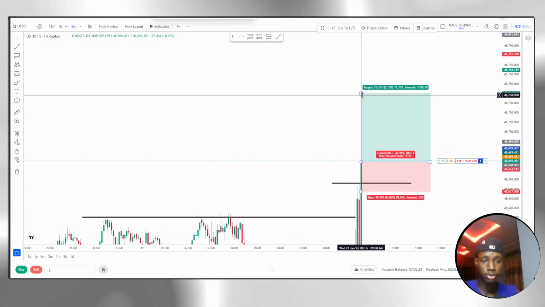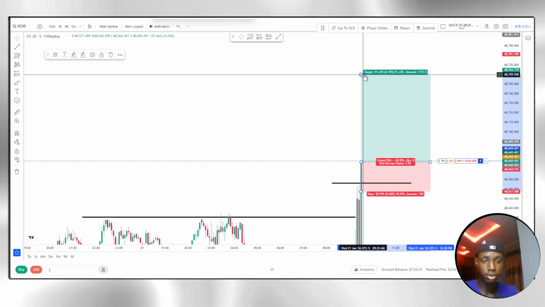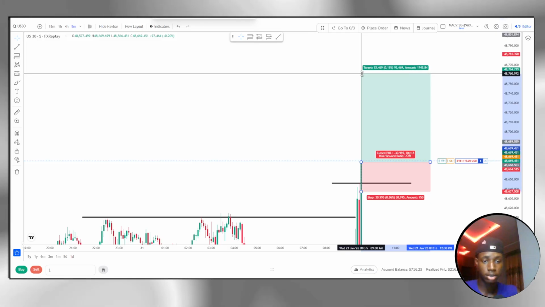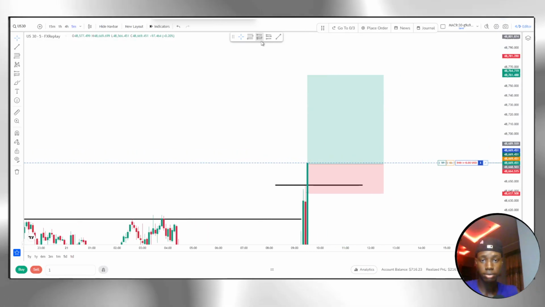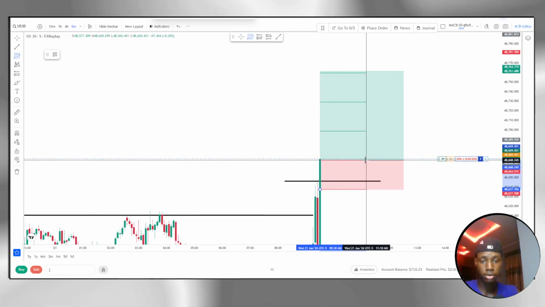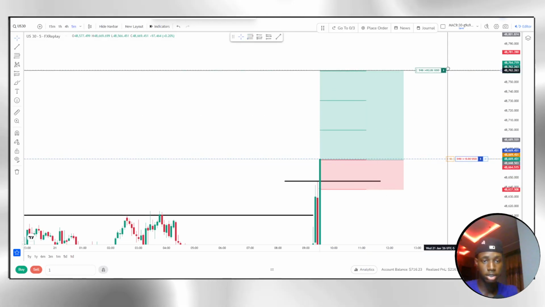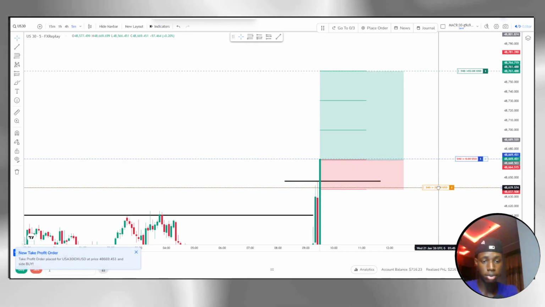Let's go for 1 2 3 risk reward, which we usually use. TP here, stop loss here.